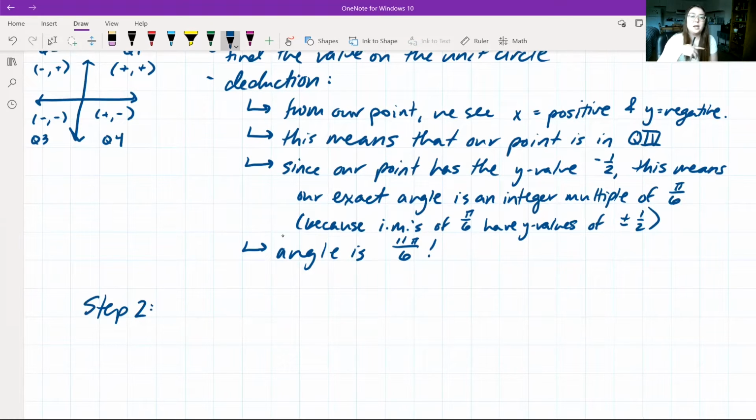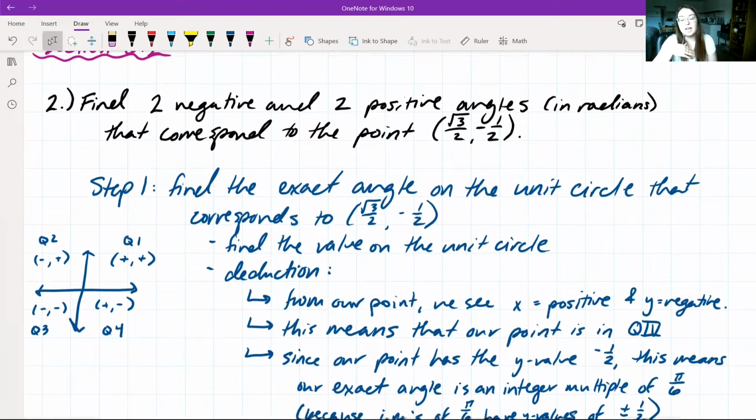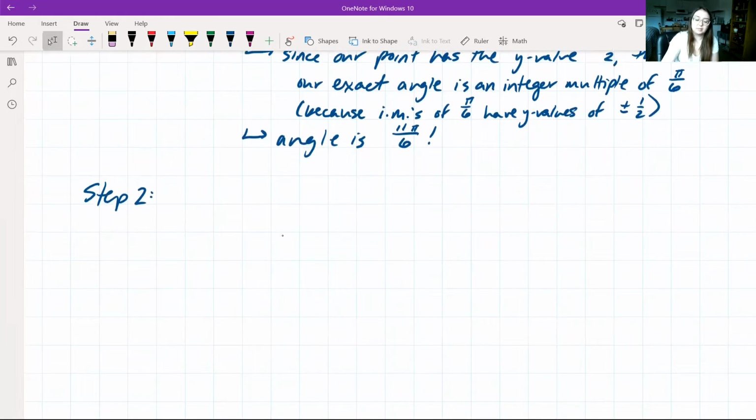For step 2, we have to find more of these angles that would correspond to this point.